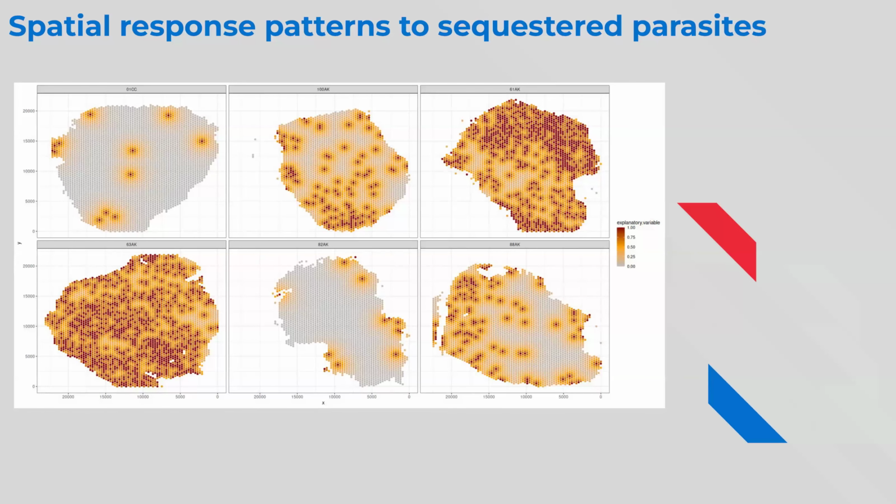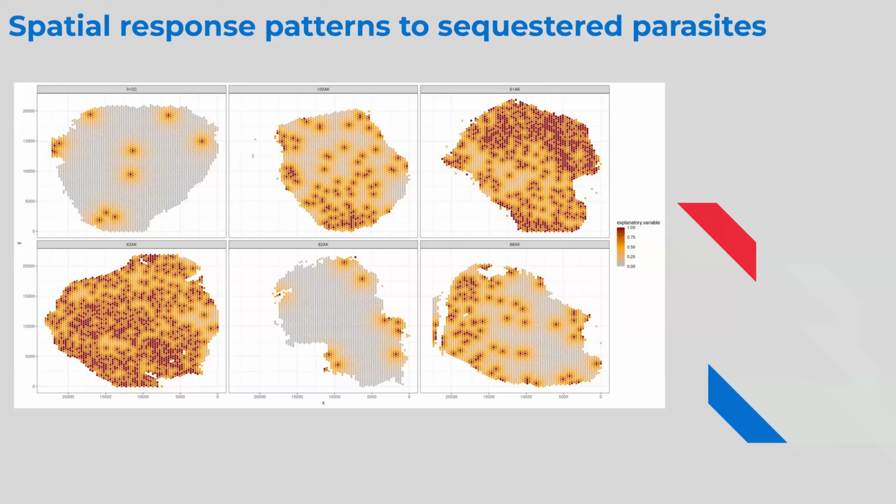So this is all very nice, but this doesn't require spatial information much, except for maybe the subclustering that I showed you in EVTs. What we were really interested in is what actually happens at the site where there's a sequestered parasite. As we got not only human RNA, but also the Plasmodium RNA, we assigned spots where we think that there is a sequestered parasite.